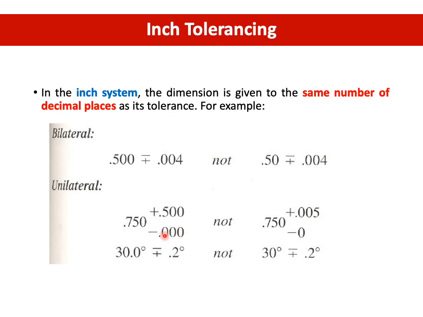Still, even though you put a 0, you need to put a sign. The symbol is a minus. Here also shows you the degree, plus minus, with the same number of decimal places.